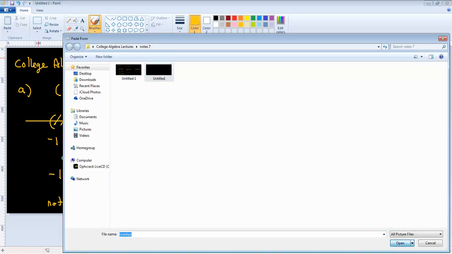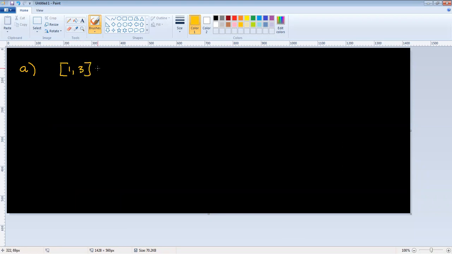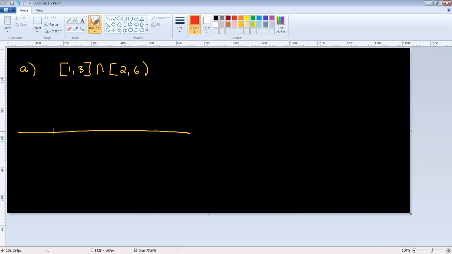Okay, so let's look at some more here. So what if I have this? So this is A, this is 1, 3, okay, and this is intersection, and this is 2, 6, and the 6 is open. Okay, well, let's look here. Let's try to use some color here. This is a 1.